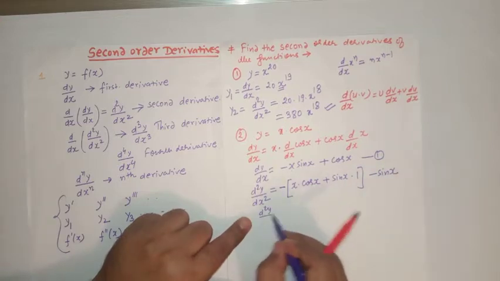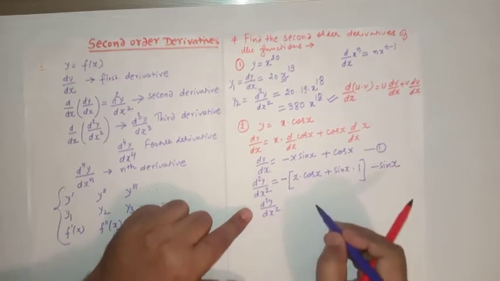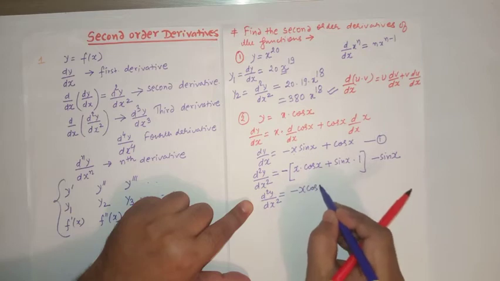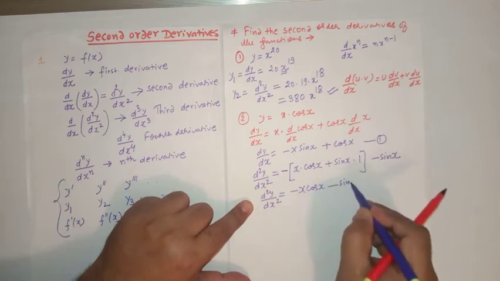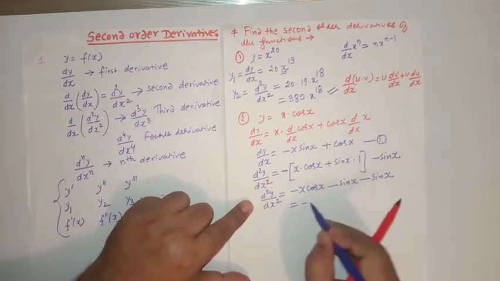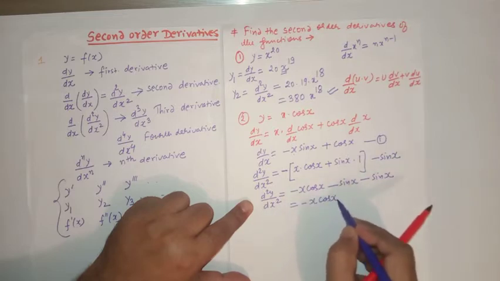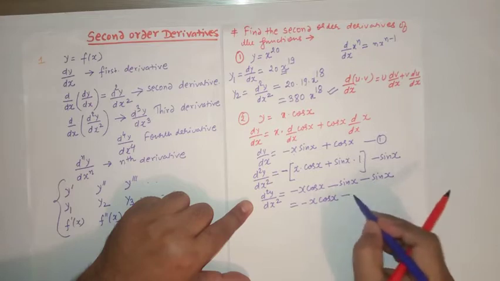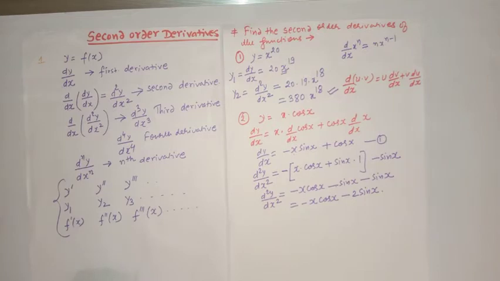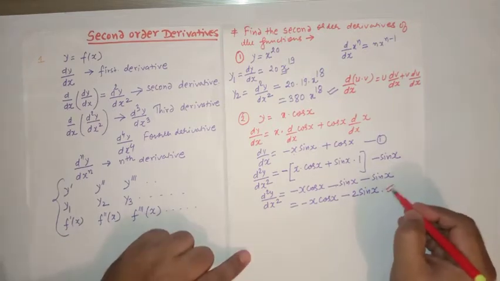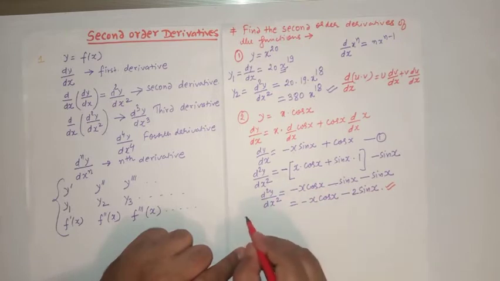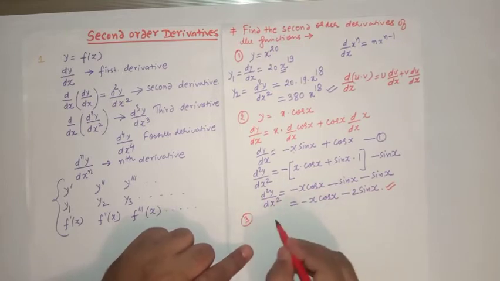So here this is d2y over dx2, and we have minus x cos x, minus sin x, and minus sin x. So we write it minus x cos x minus 2 sin x, right? So this is the second derivative of x cos x. Now let us take one more example.